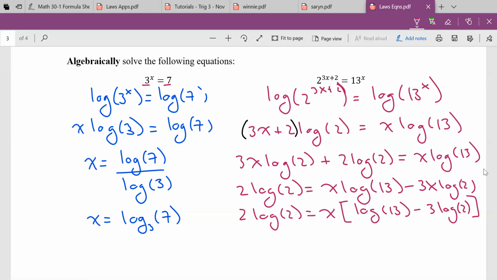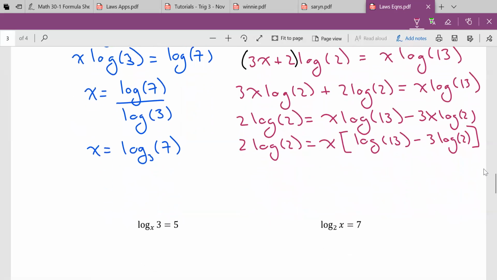Bingo. Well, log 13 minus 3 log 2, that's a number. So now I'm going to divide both sides by it. And I'm actually going to flip, so I have my unknowns on the left. Divide by this, and there we go.